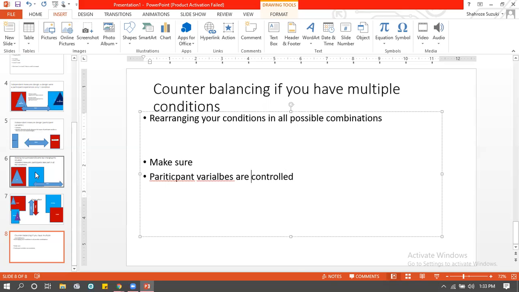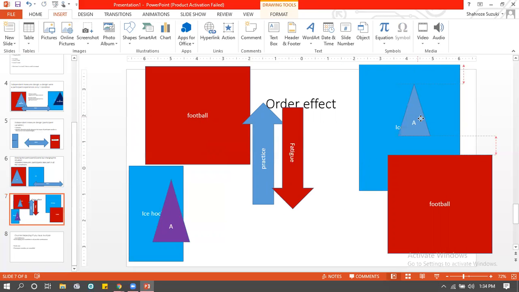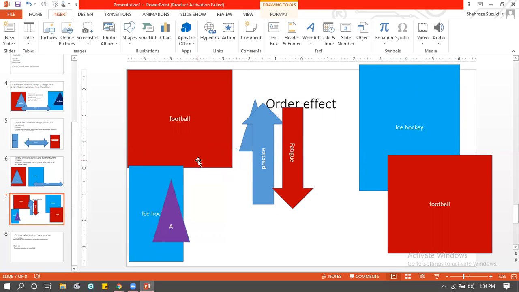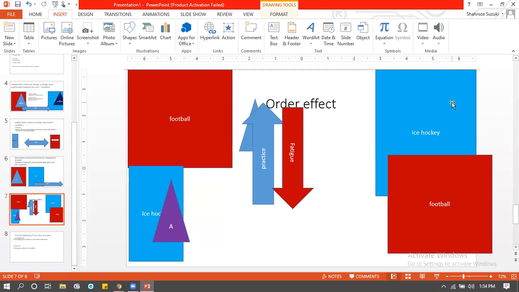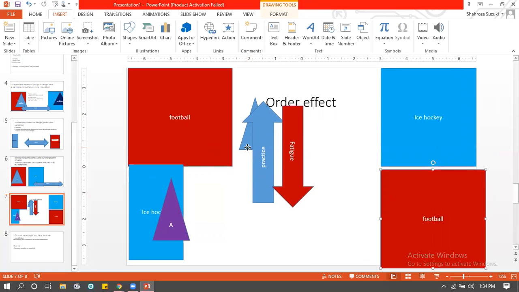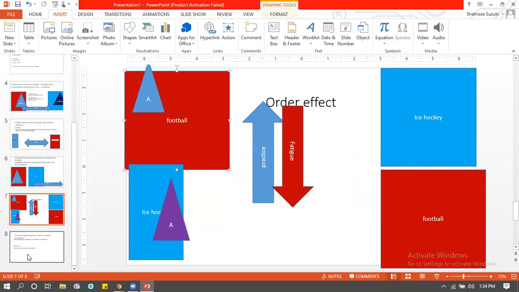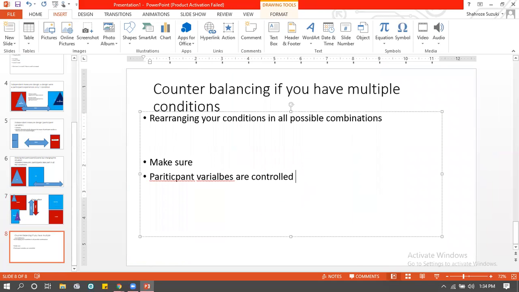There's no way participant variables could be an extraneous variable, because this guy is here and this guy is also in ice hockey. So the difference between his performance in football and ice hockey would be the game itself, right? There's no way you could say that in ice hockey there was someone else and in football there's someone else, so the performance is different because the person was different. Over here the people are the same, so there's no way participant variables are going to impact our results.